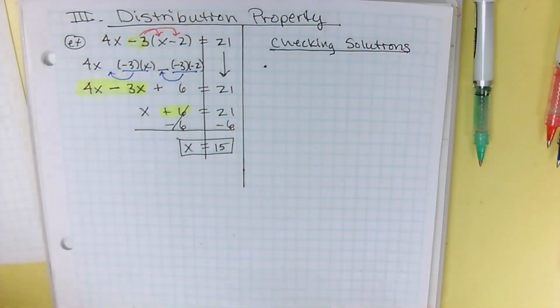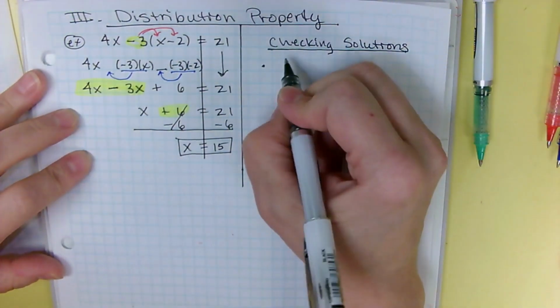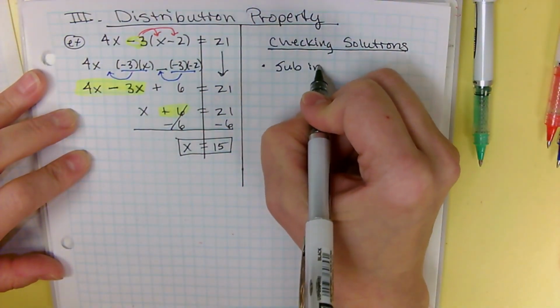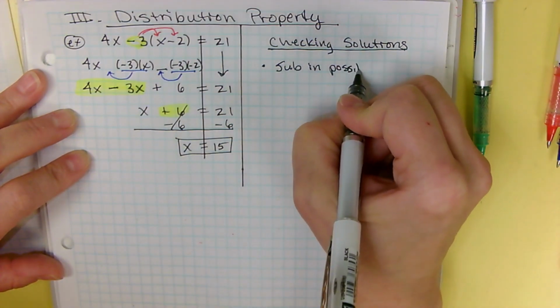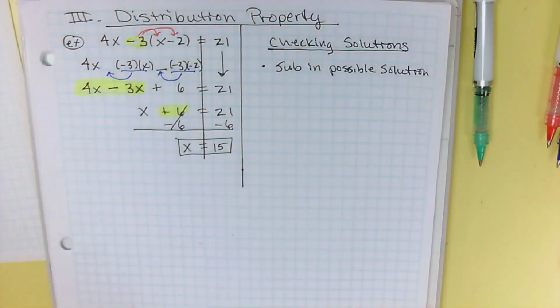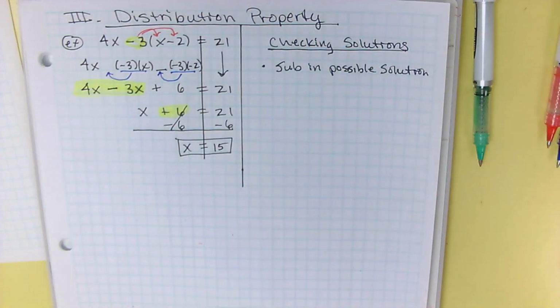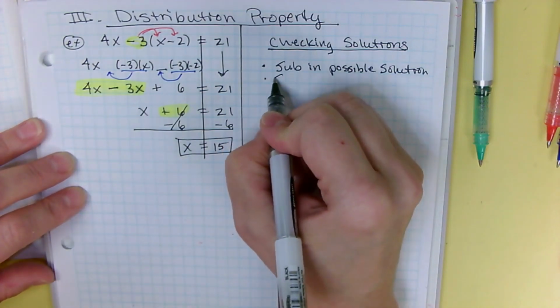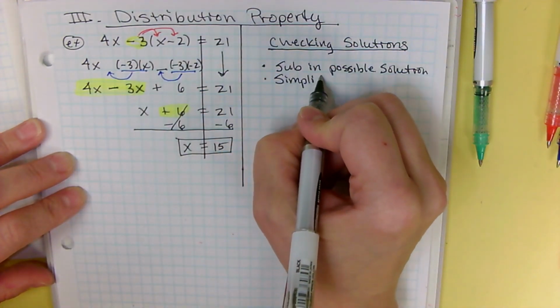Okay, so the process for checking your solution is you substitute in your possible solution. Just like you did when we did evaluating, you substituted in the number. So that's the same. And then simplify.